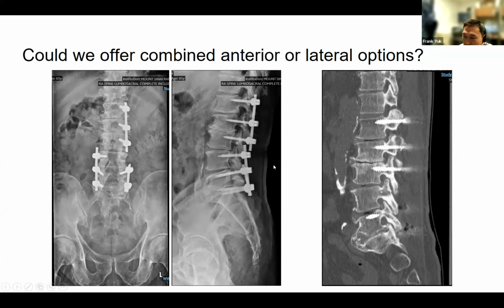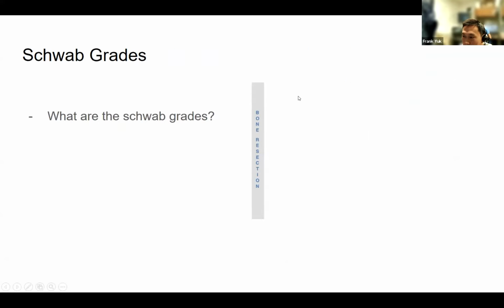And so you could do that and then offer a posterior revision. But like we described, we want to get most of our lordosis from 4 to S1. And since 5-1 is fused, our best option is to go to 4-5. All right, so there are some anterior lateral options, but it would require much more surgery for this patient.